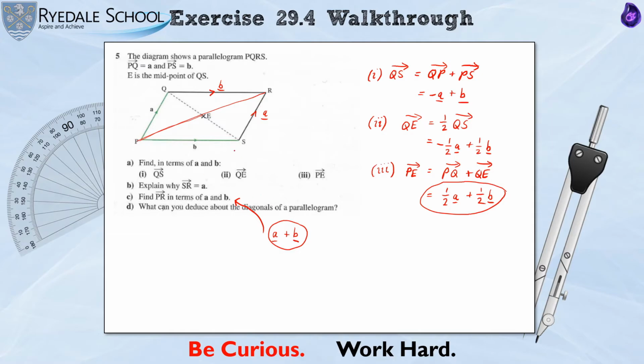So the diagonals of a parallelogram bisect each other, they chop each other in half. And that's true for any parallelogram. So they bisect each other. So remember, bisect, just a posh word for chop in half. You've met that word when you've done some work on constructions.